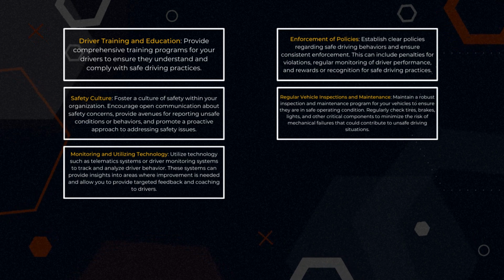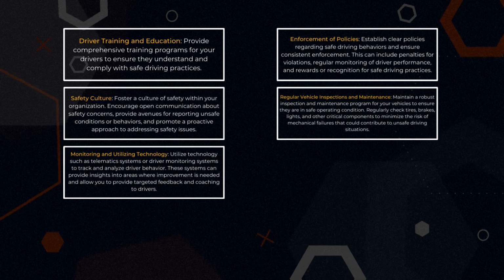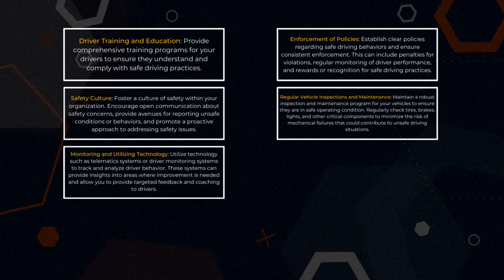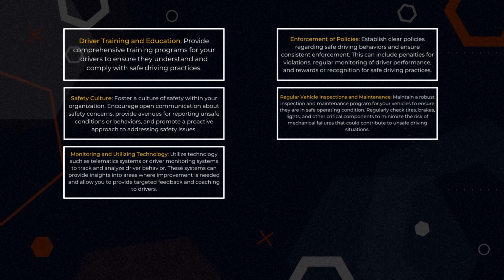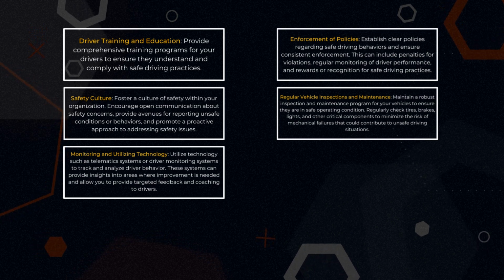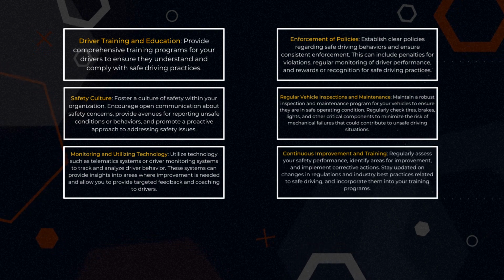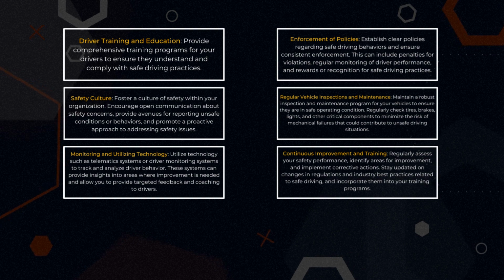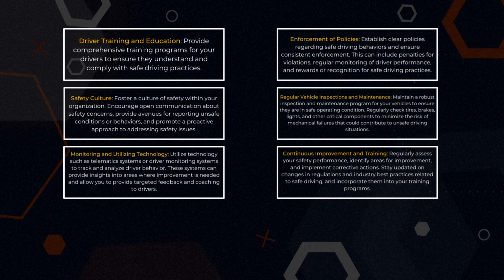Monitoring and utilizing technology. Utilize technology such as telematics systems or driver monitoring systems to track and analyze driver behavior. These systems can provide insights into areas where improvement is needed and allow you to provide targeted feedback and coaching to drivers. Continuous improvement and training. Regularly assess your safety performance, identify areas for improvement, and implement corrective actions.